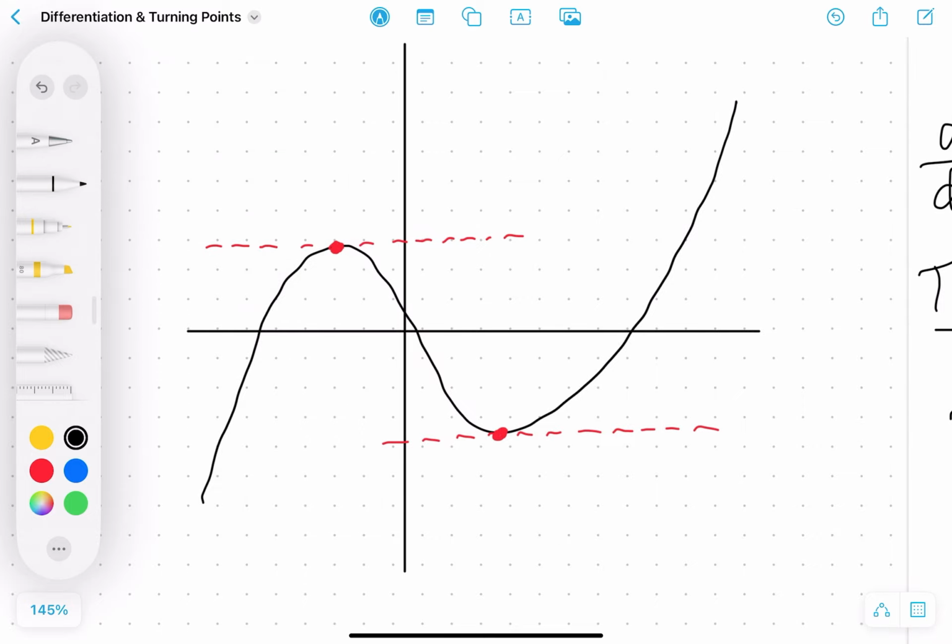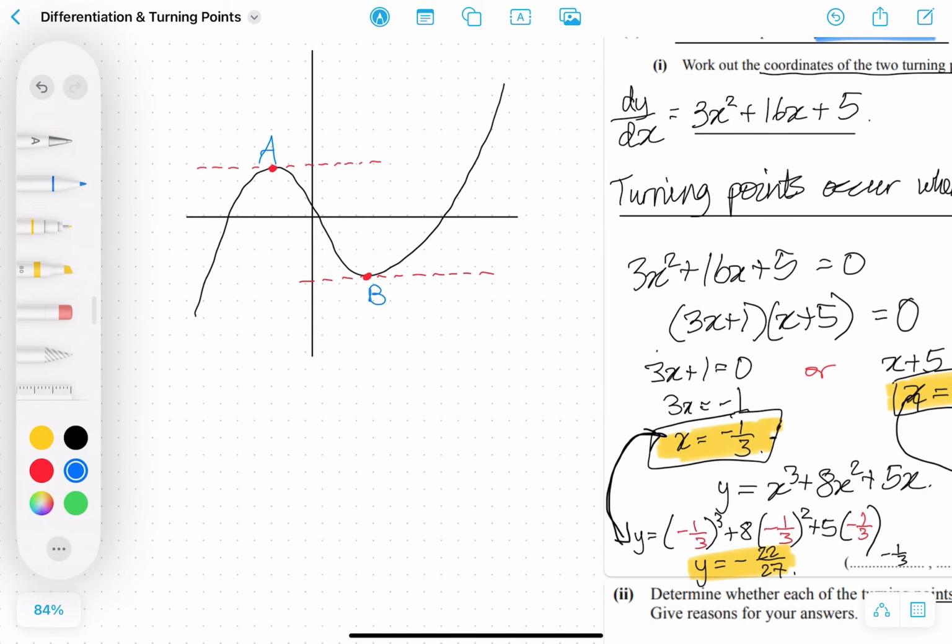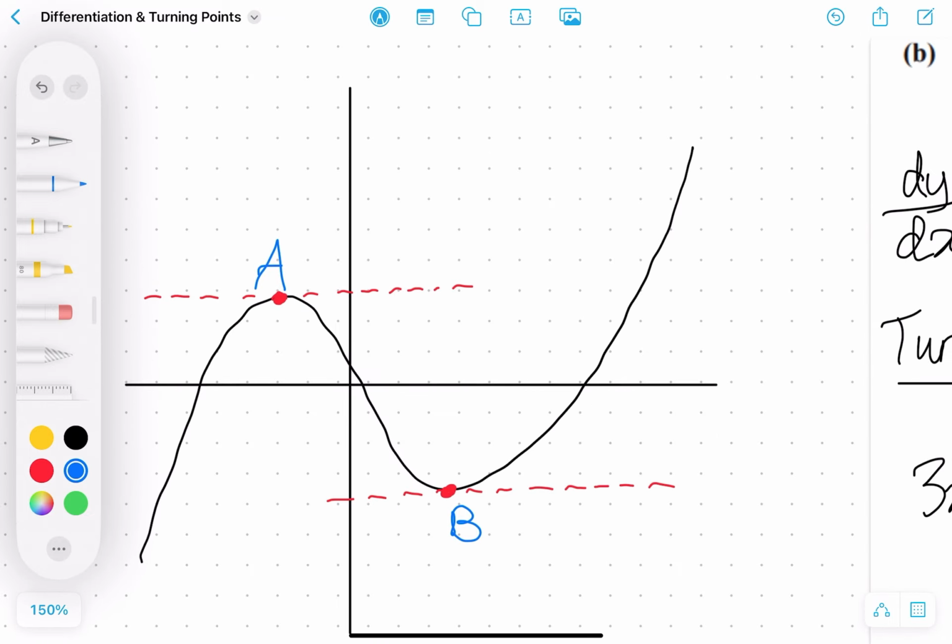We see that this point right here, let's call this A, and this point right here, point B. Of these two, we see that A is a maximum point because it's the maximum point the graph reaches. And B is the minimum point. It's the local minimum.